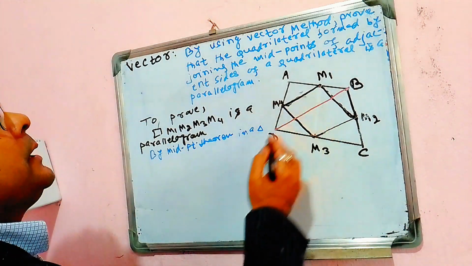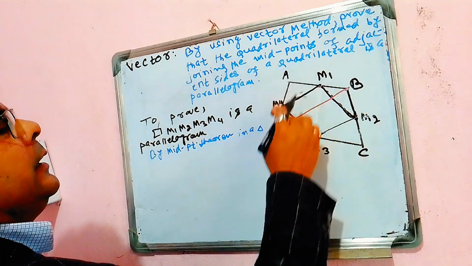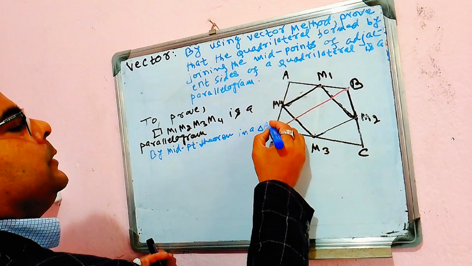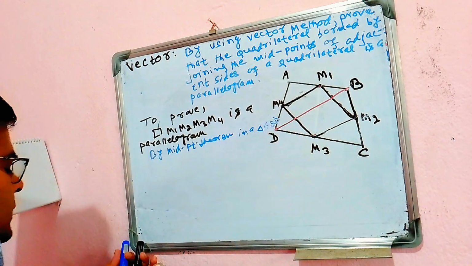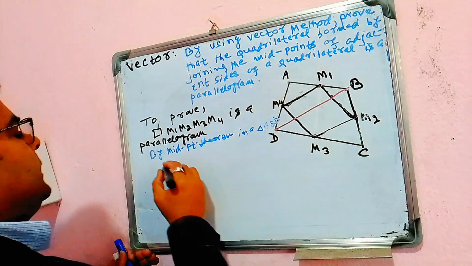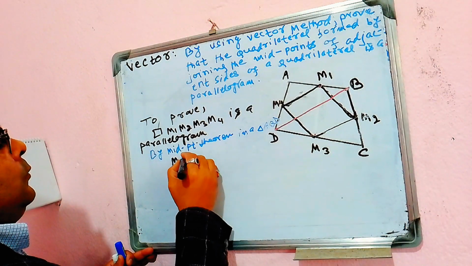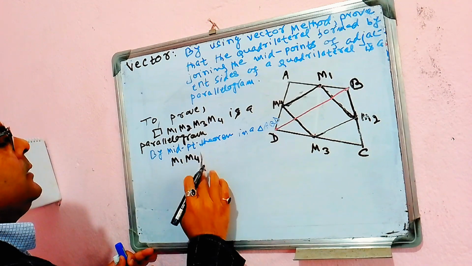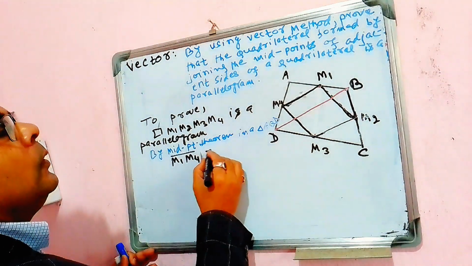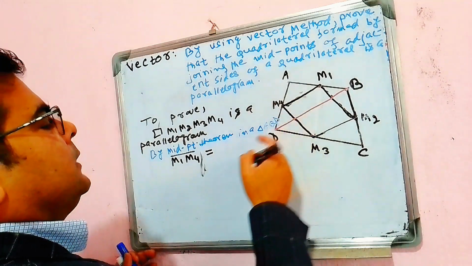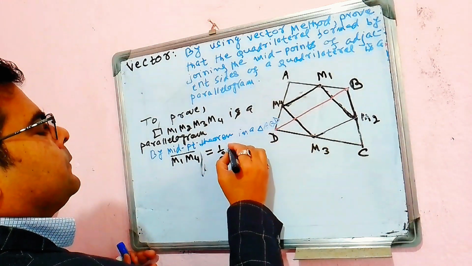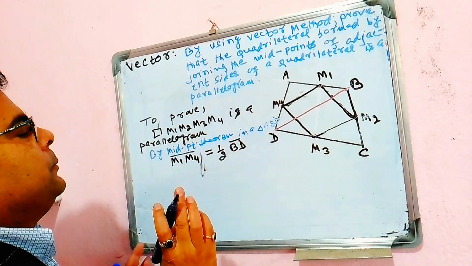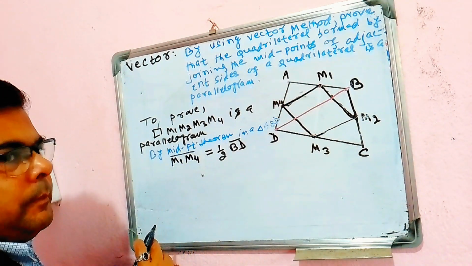Taking the reference of triangle ABD, in vector sense, vector M1 M4 equals half of vector BD, both in direction and magnitude.